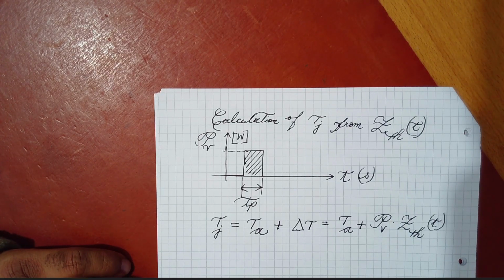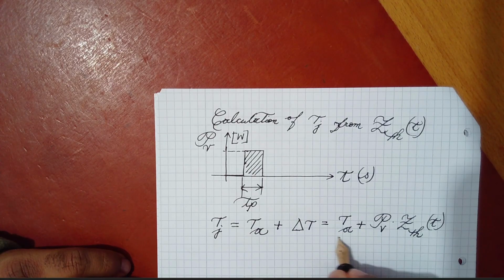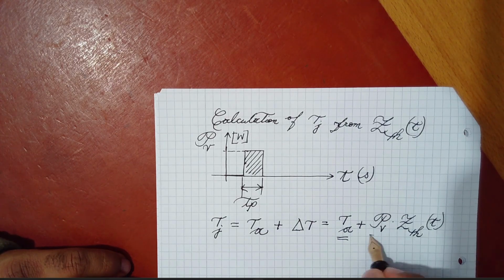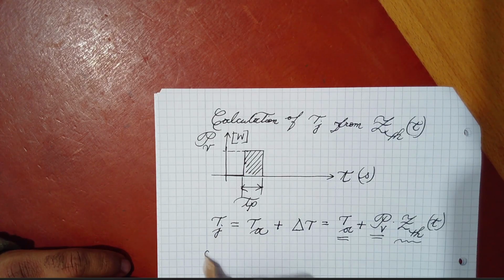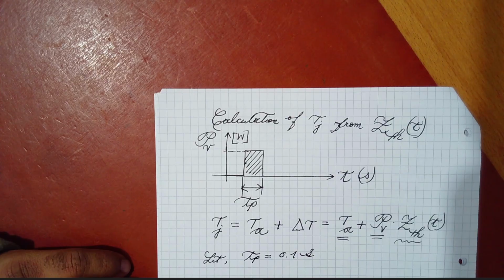That means we know at this point the value of Ta, we know the power. The only thing missing is that ZTH, which we need to calculate. I will assume that TP to be 0.1 seconds. That means the width of the pulse is 0.1 seconds.